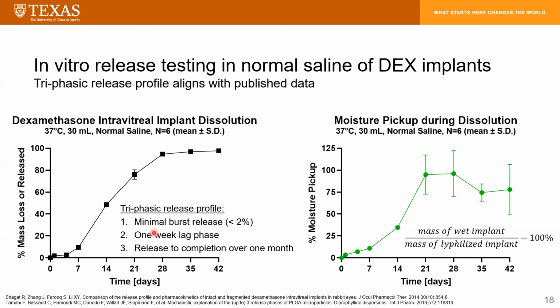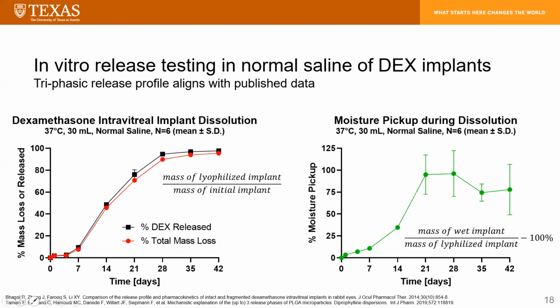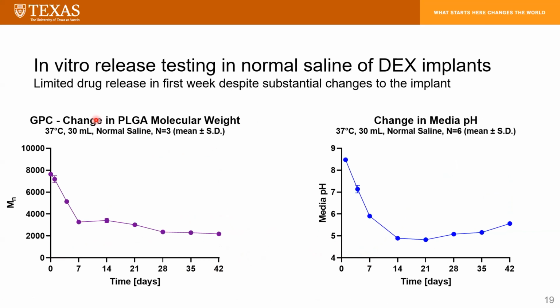Now, even though in the first week there's a lag phase, actually there's lots of activity going on. Water has already started permeating, and we see about 10% weight gain after 1 week. And what's interesting, I'll come back to the slides, in the first week the number average molecular weight actually dropped substantially, and there's also a significant medium pH drop.